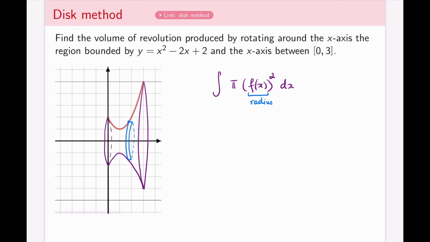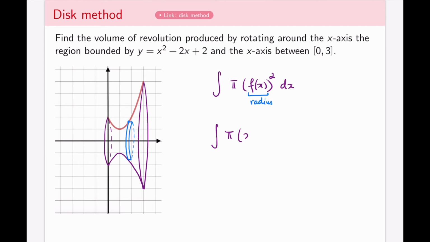Now I have to think about what my radius is, what my height is, and where I go to and from. In this case, this is fairly straightforward, because I can see that the radius here matches the actual function. It gets built as the function does, and we'll see later how that might be different.